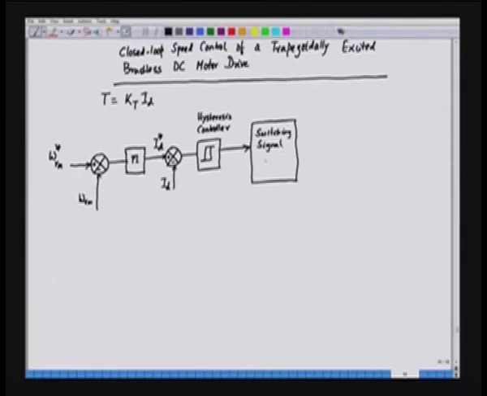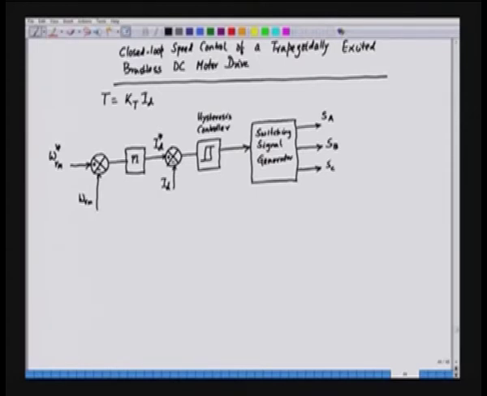This switching signal generator generates the switching signal SA for phase A, SB for phase B, and SC for phase C. And then we have the inverter.